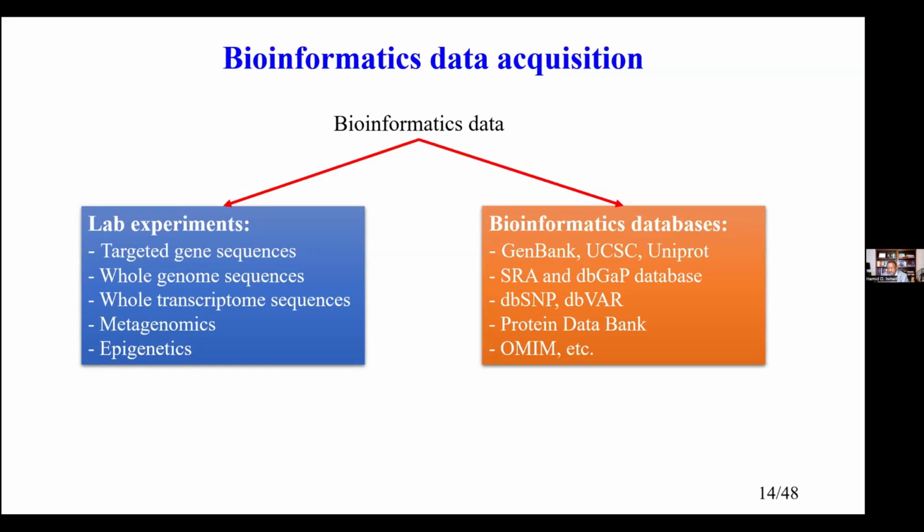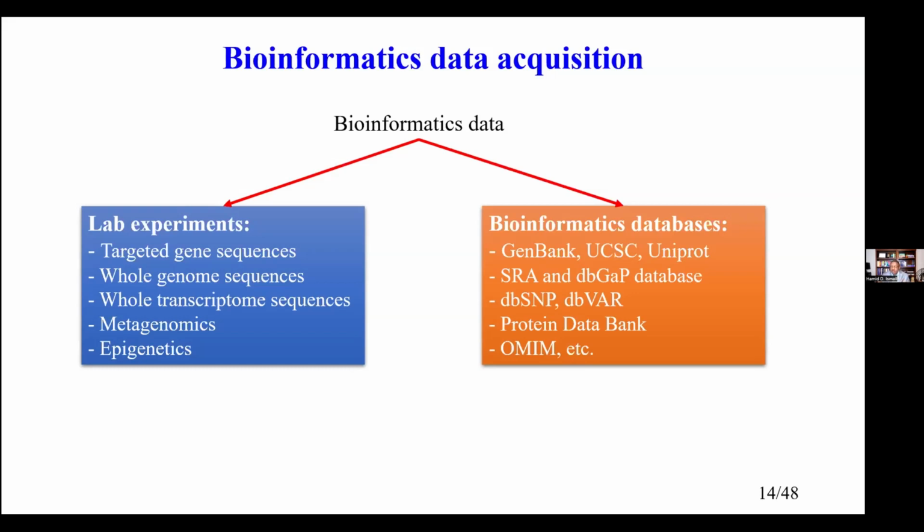From a database you can get all kinds of sequences, the raw sequences that we get from a next generation sequencer, or third generation sequencer, or Sanger sequencer, or microarray.